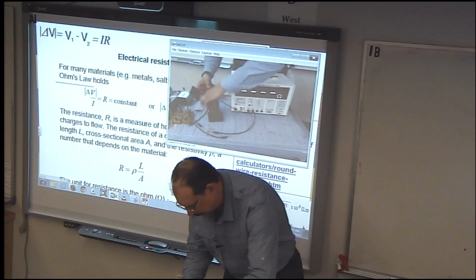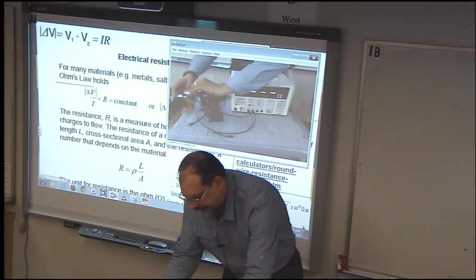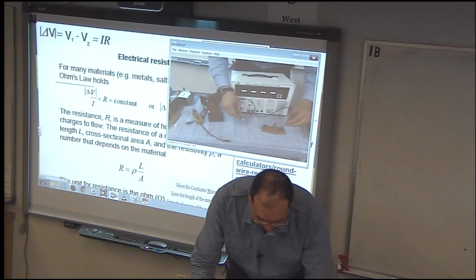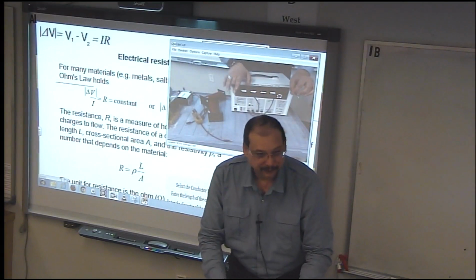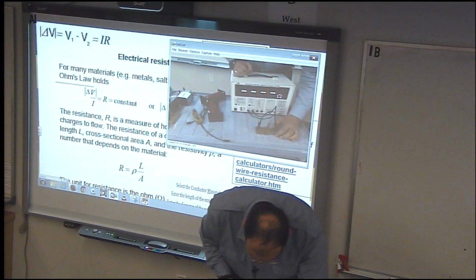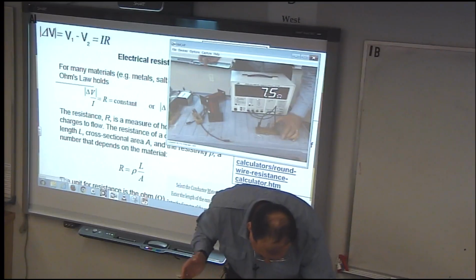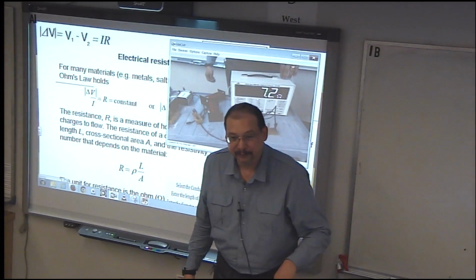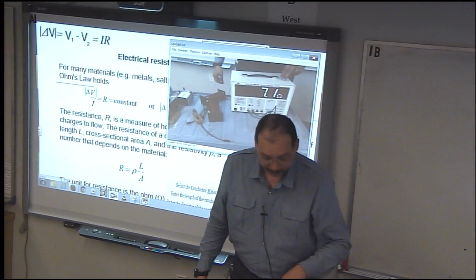Just out of curiosity, a regular flashlight bulb. See, it's not connected to anything. This measures resistance internally. Yeah, 7, 8 ohms. That's a standard value for a regular flashlight bulb resistance.